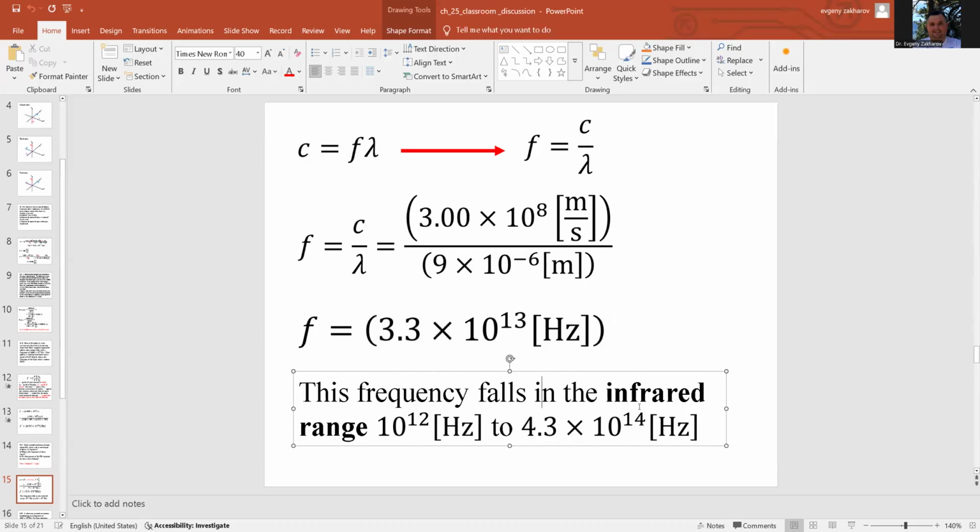And if you take a look at the electromagnetic spectrum, you will see that this frequency corresponds to the infrared range, and your body emits infrared radiation. We feel infrared radiation with our bodies also. If you're sitting next to a heater, then your body can absorb that radiation and you feel the heat.